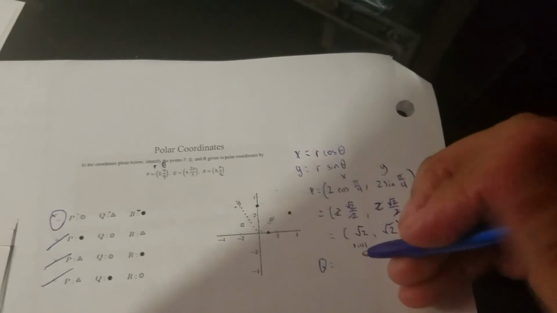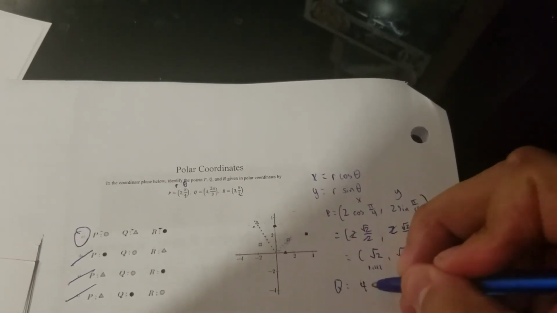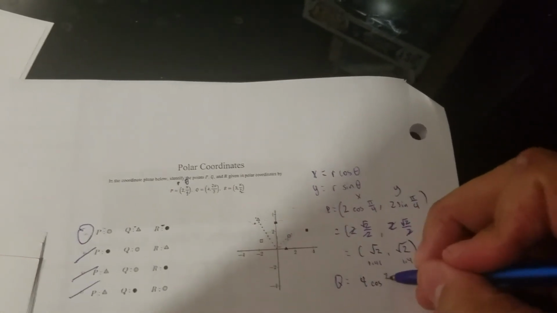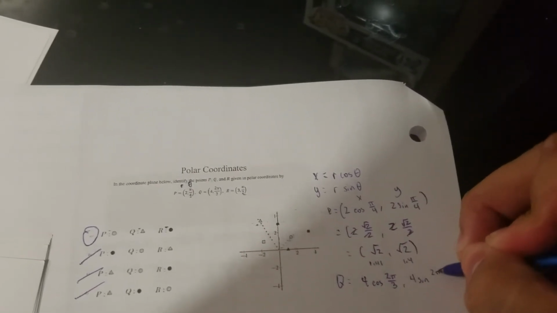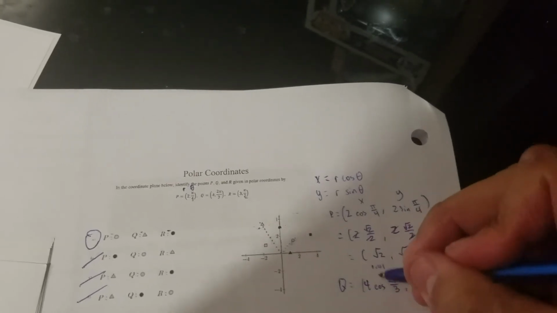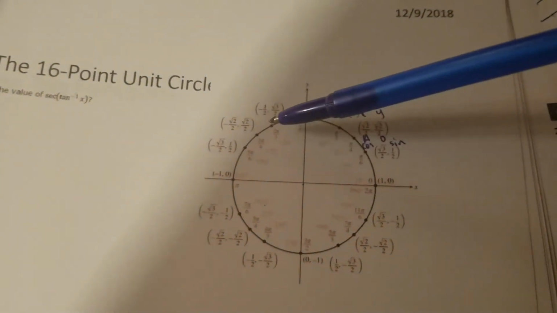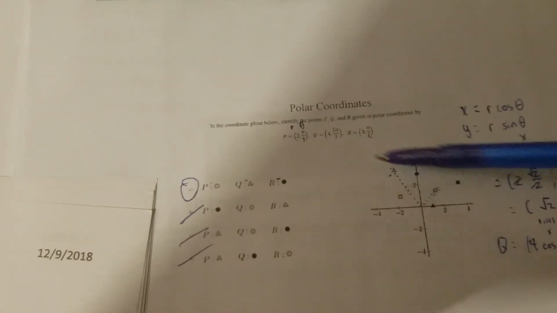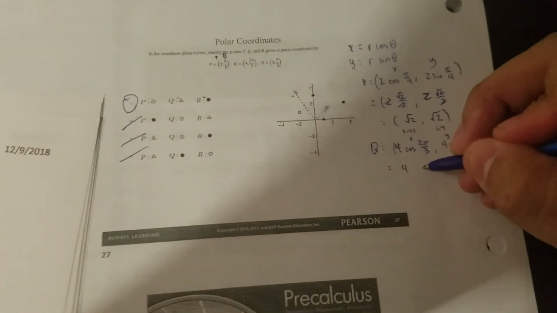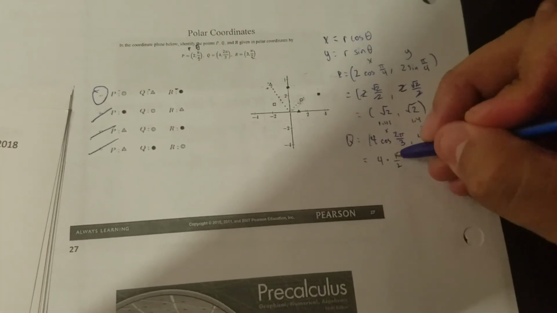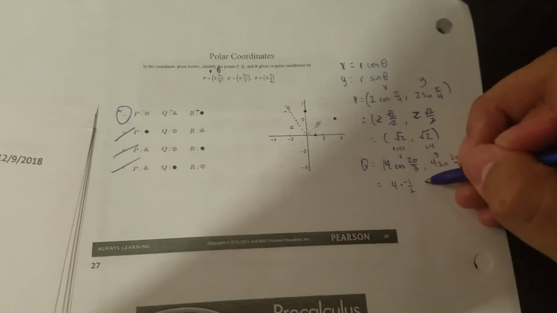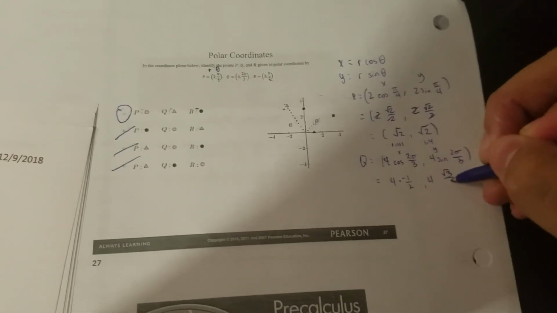Q is equal to, find the x, which would be 4 cosine of 2 pi over 3, and 4 sine of 2 pi over 3. I would do the same thing. So 2 pi over 3 is right here, which is that weird triangle right there. If I were to simplify this, it would be 4 times negative 1/2 and 4 times square root of 3 over 2.